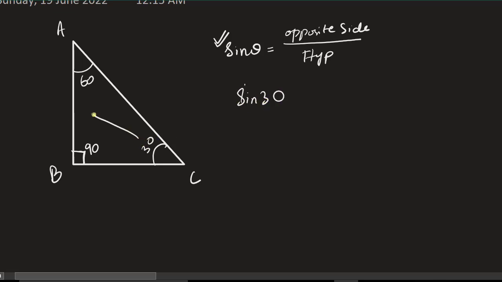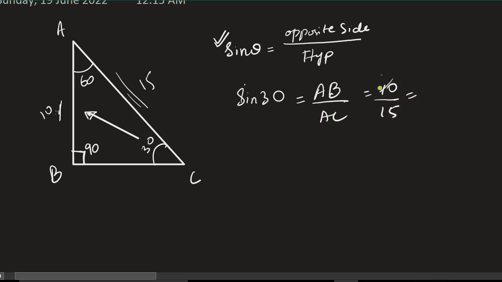It is this side, and let's say it is 10. So sine 30 will be AB divided by the hypotenuse AC, which is, let's say, 15. So it will be 10 divided by 15, and 5 twos are 10, 5 threes are 15. So 2 by 3 is your sine 30.